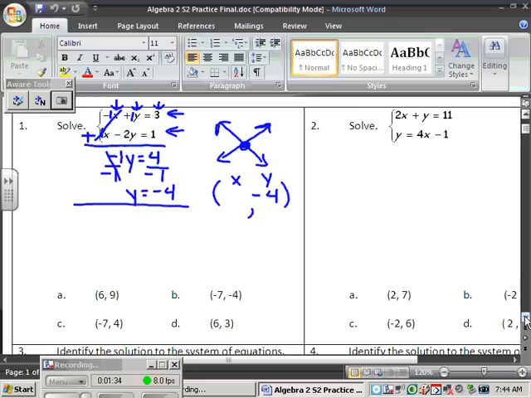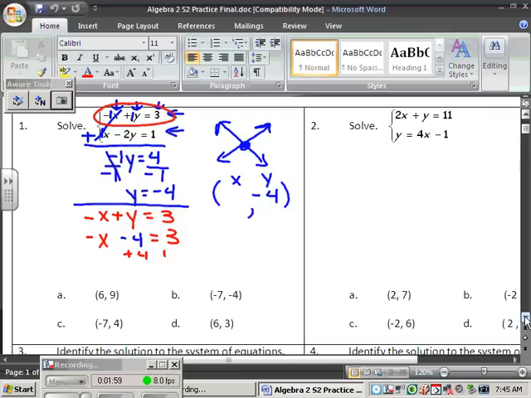To find our other half, now that we know that y is negative 4, we're going to pick one of our original equations. I'll go ahead and pick the first one: negative x plus y equals 3. Since we now know that y is negative 4, I'm going to replace the y with negative 4, and then I'll be able to find the value of x, which is what's still missing.